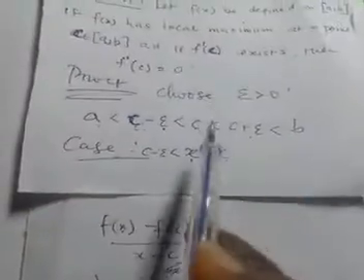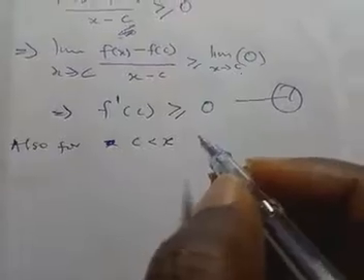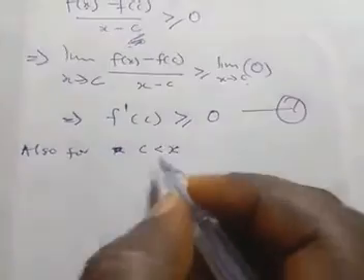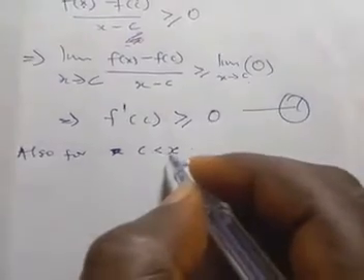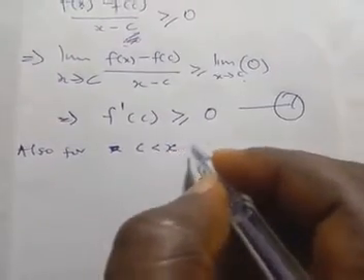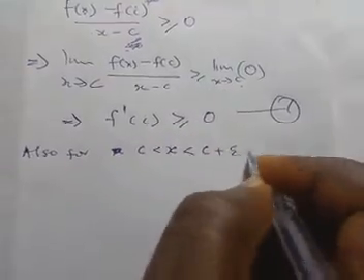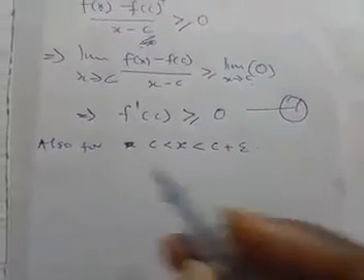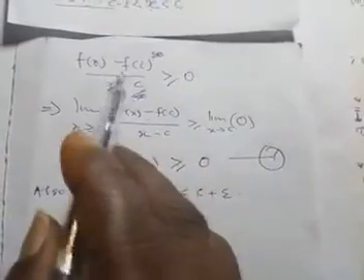So similarly, let's consider a case whereby s is greater than c. So we are considering a case where c is less than s, and s will always be less than c plus epsilon. Now if you consider this case, it will just be the opposite of this.